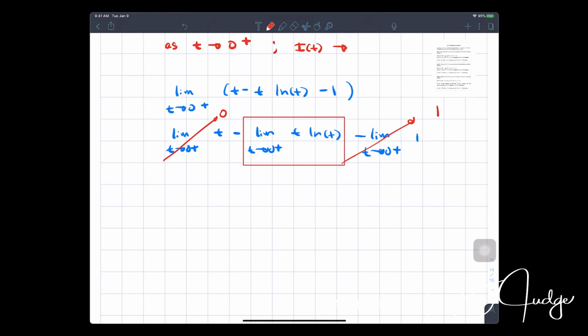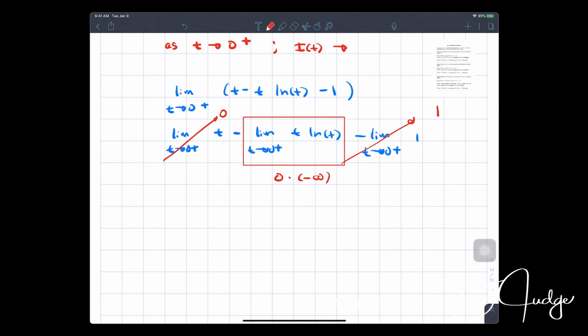Okay, and so we know from our past work, remember your past is never too far behind you. We're going to have 0 times negative infinity.